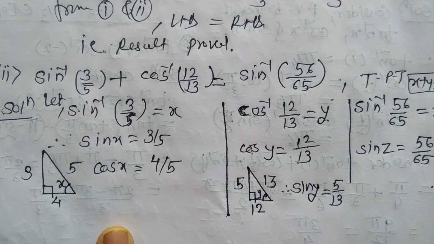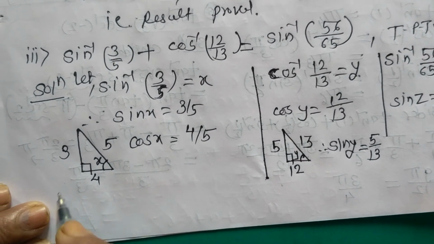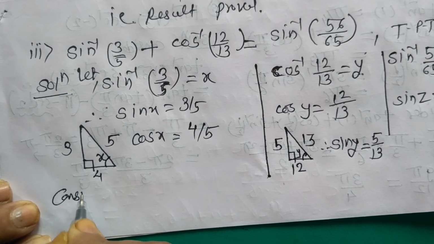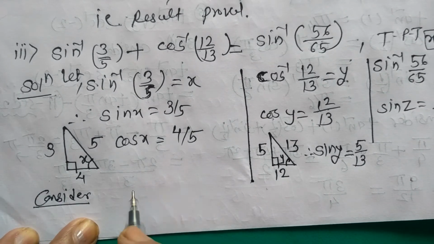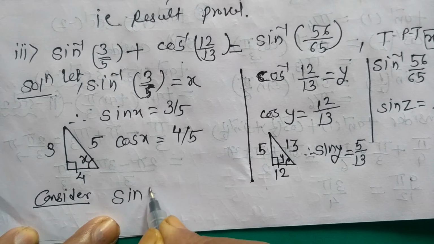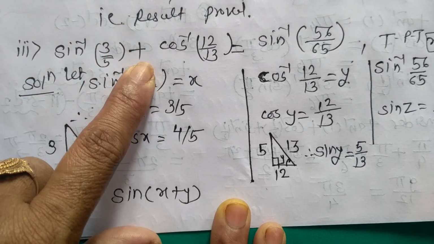Now to prove that x plus y equals z, we consider the concept of compound angle x plus y with the sine ratio, because the right side is sine inverse. So consider sine of x plus y, as the middle sign is plus.